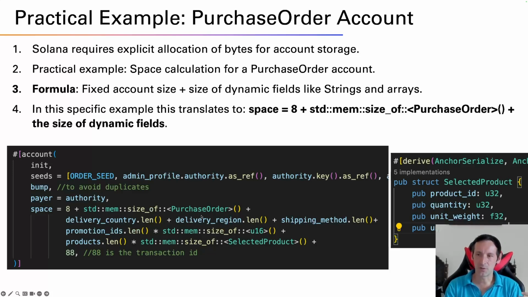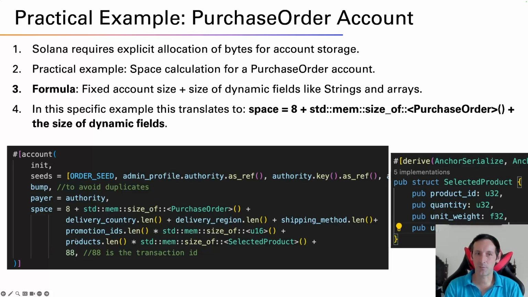This includes all the fields like integers and booleans if you have them, and the public key; all of the fields that are fixed size are already accounted for in the size of this element here. What size of doesn't account for are these elements that you see. It doesn't account for the strings, so you need to calculate the number of bytes of each of the strings. So that's what I'm doing here.